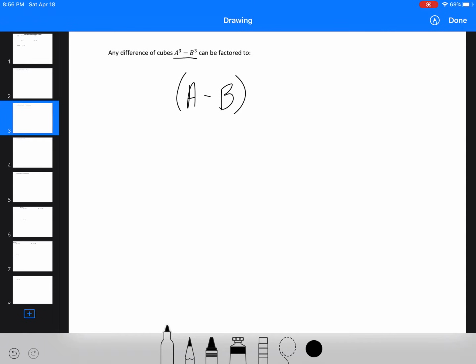If we have this difference of cubes, the first bracket has the same sign, difference, difference. The second bracket is going to be all pluses. That's our general form.